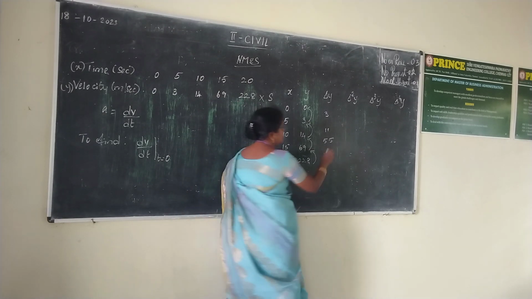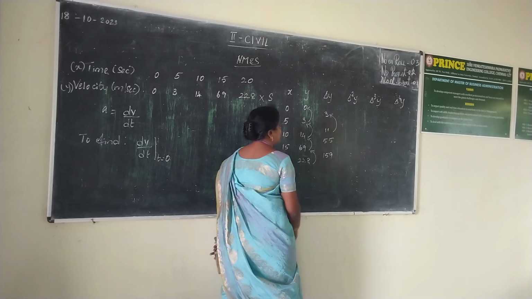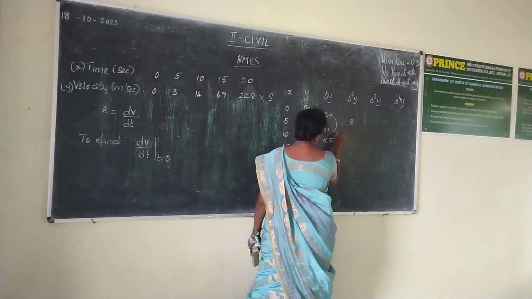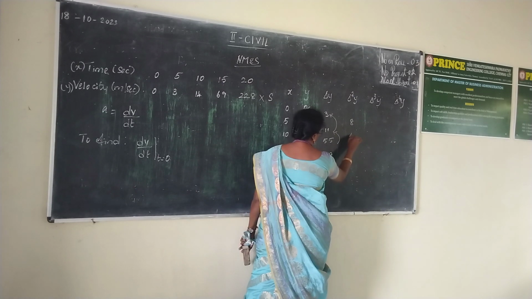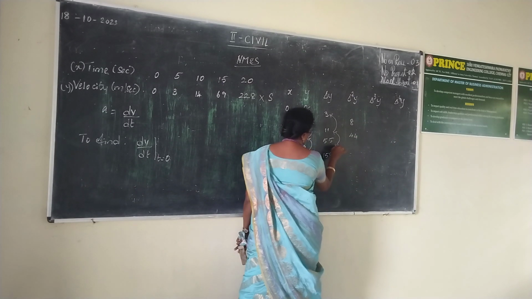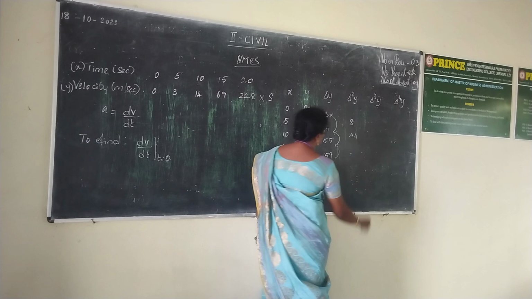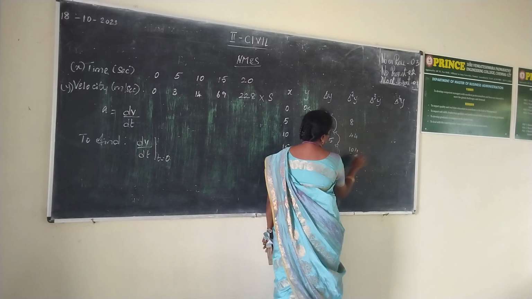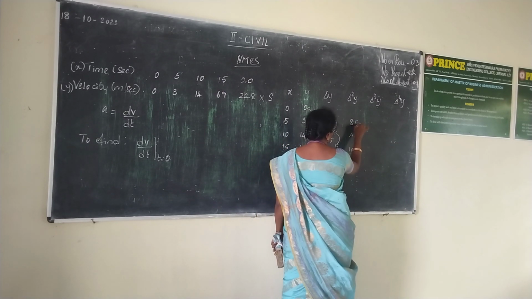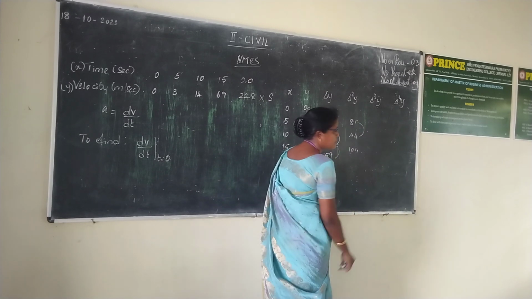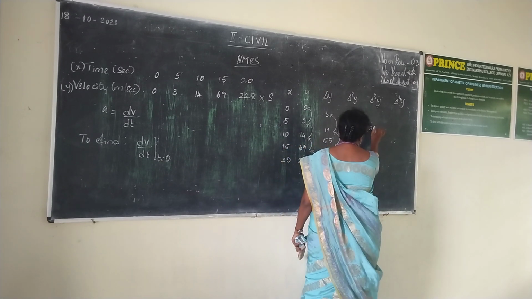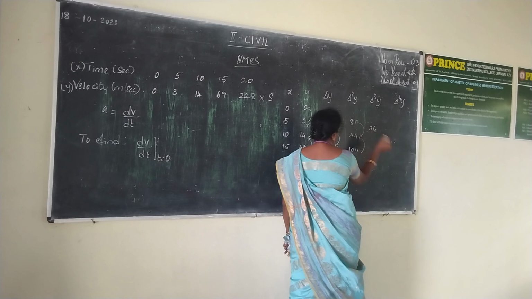Second difference: 11 minus 3, 55 minus 11, 159 minus 55. Third: 44 minus 8, 104 minus 44.